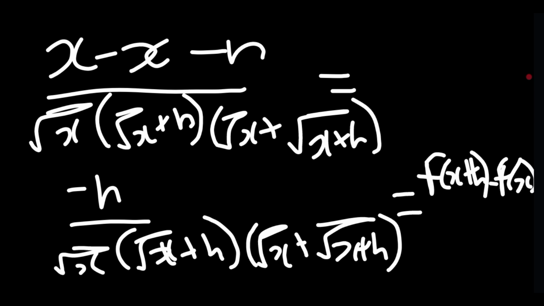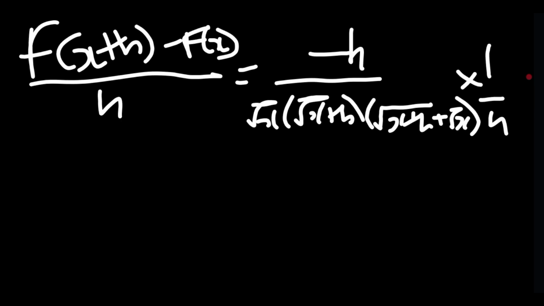So this is equal to f of x plus h minus f of x. So the next thing we do is to divide by h, as the formula states. Minus h over the square root of x multiplied by the square root of x plus h multiplied by the square root of x plus h plus square root of x. You're dividing all by h.